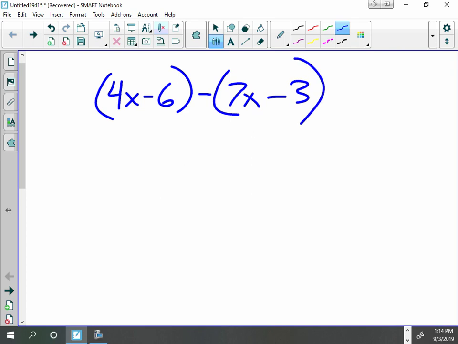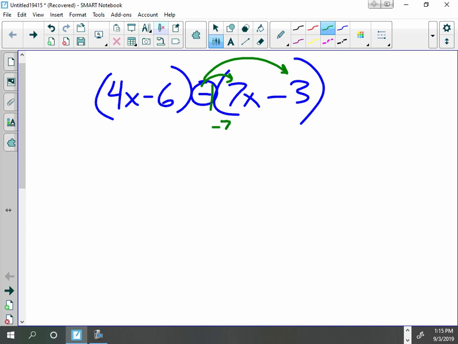How do we subtract polynomials? Anybody remember? Well, I have to make sure that everything in that second parentheses gets hit by the negative. So it's like having a -1 right here, in front of the second parenthesis. So I'm going to multiply both of these by -1.